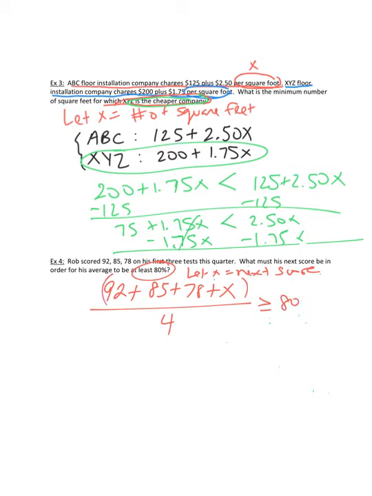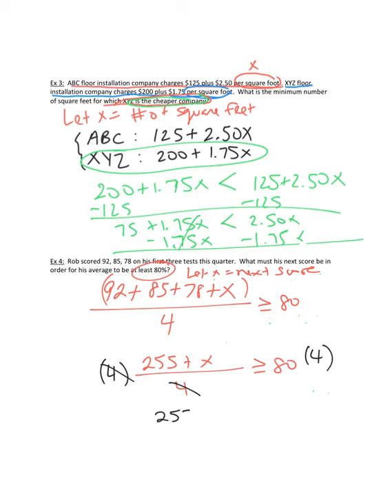All this has to get added first, so we add 92 plus 85 plus 78, and that gives me 255. That can't actually be added with X right now. They're unlike terms. All of it divided by 4 must be greater than or equal to 80. So we're going to clear the fraction, multiply both sides by 4, and I now have 255 plus X is greater than or equal to not 80, but 320, because 80 times 4 is 320.